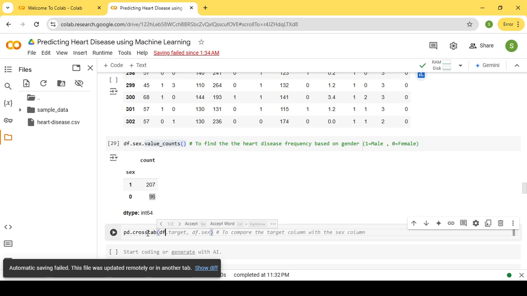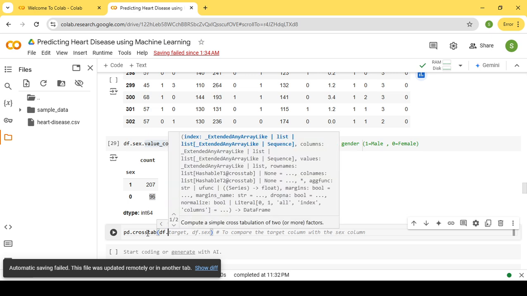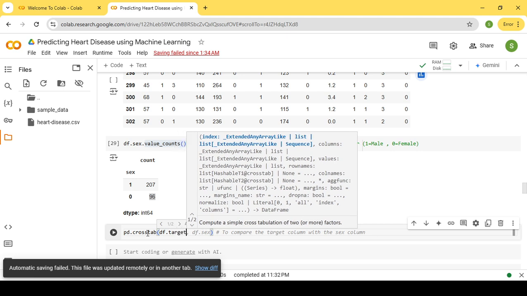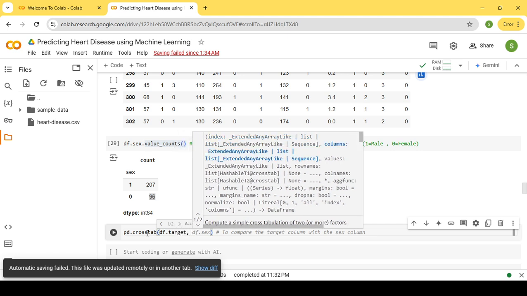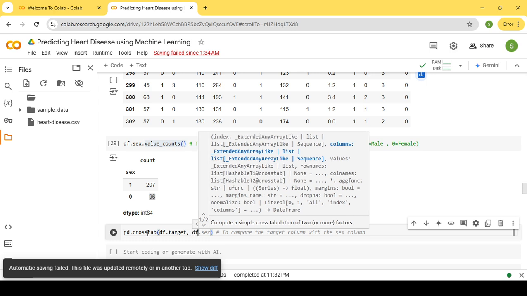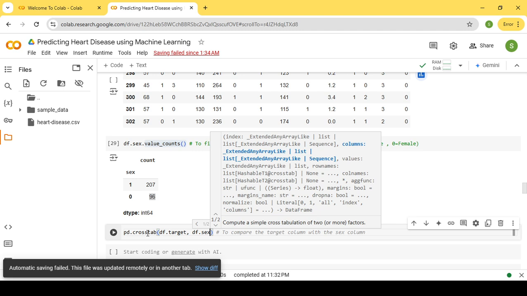We'll set our data frame, specify the target variable, and also df.sex.